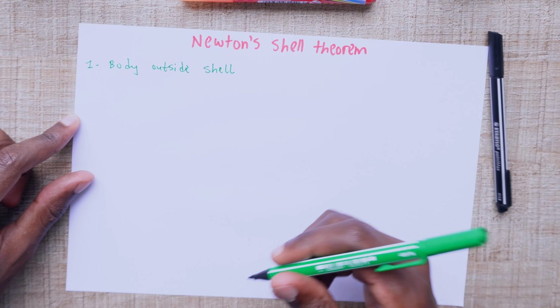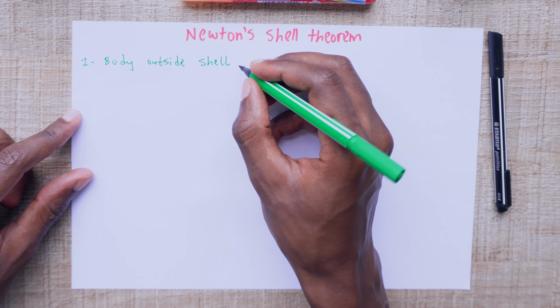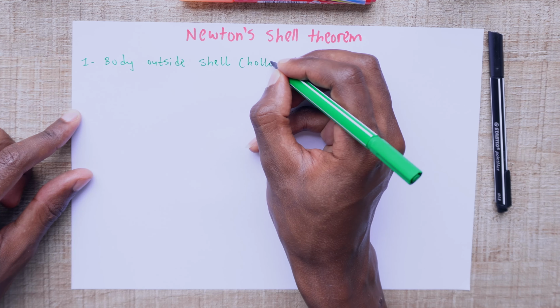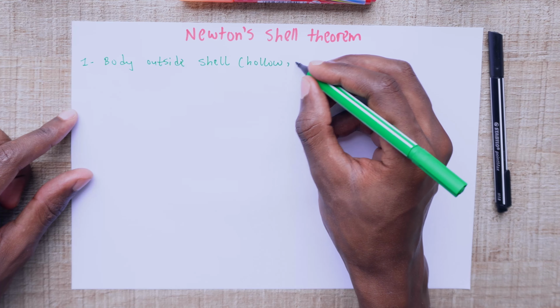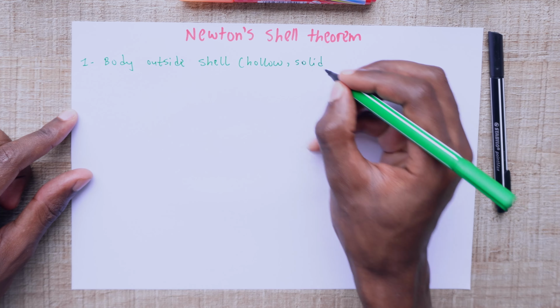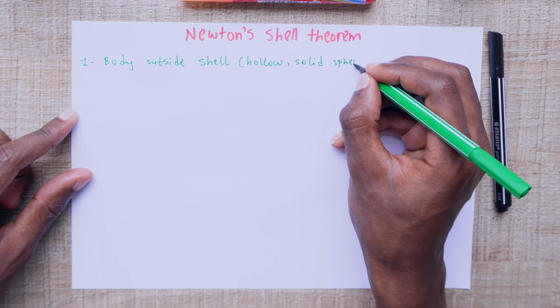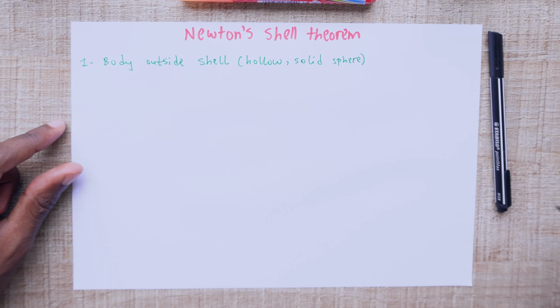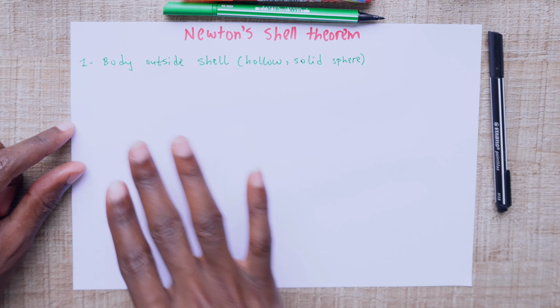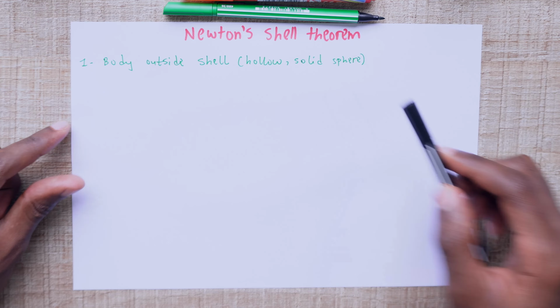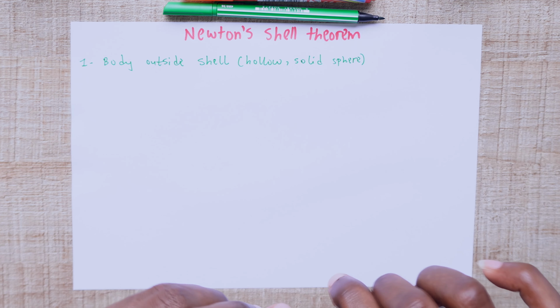So I say shell, but in this case you can imagine that it could be a hollow shell or a solid sphere. So let me just say hollow or solid sphere. In either case, we can put both situations in this first category.